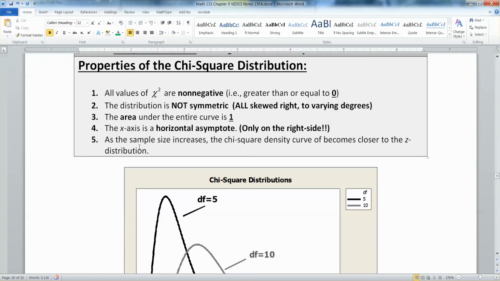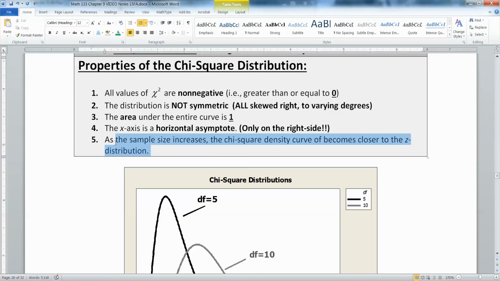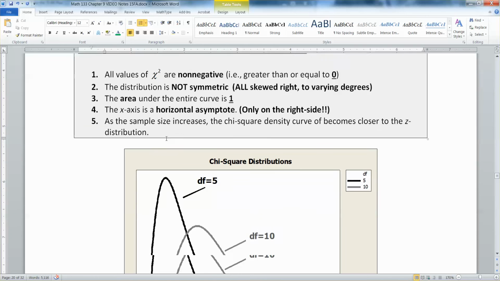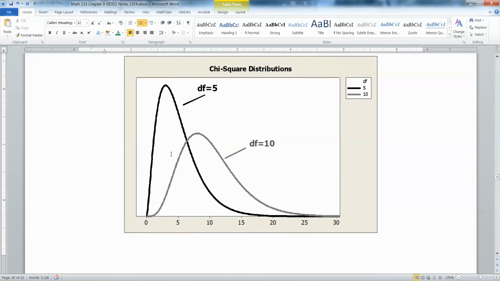All right, next. And then as sample size increases, the chi-square density curve becomes closer and closer to the z distribution. Just like we saw with the t curves, the bigger your sample, the more normal, quote unquote, it's going to look. Now, grant you, degrees of freedom of 10 is not great. It's still skewed right. But do you see how it looks more normal than that tall, jagged one for the degrees of freedom of 5, right?